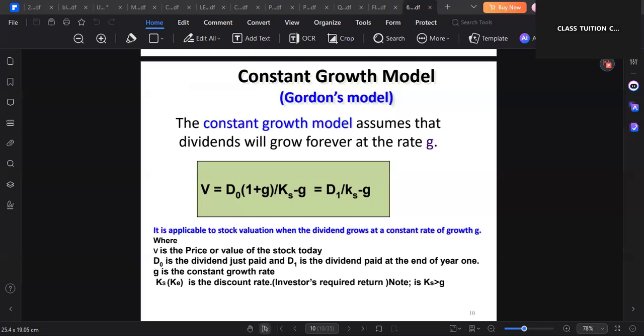It should always be greater than growth, otherwise the denominator will be negative, and that will imply that we have a negative value, which doesn't make sense. So our value of stock using Gordon's model is V equals D1 over (K minus g). Now we know that D1 is the same as D0 (1 plus growth). So you need to understand Gordon's model.